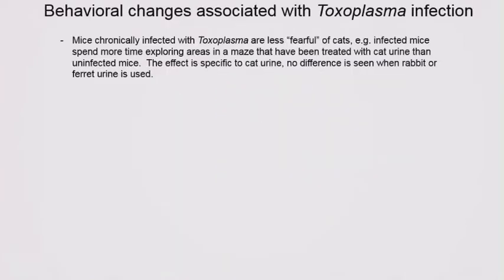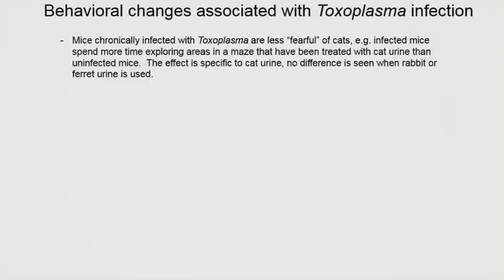So this led other people to look at these possible behavioral changes in humans. And so you do association studies with humans. Of course, you can't actively infect them, but you look at a particular population, see what the prevalence rate is, and for those that are positive, are they exhibiting behavioral differences compared to those that are uninfected?